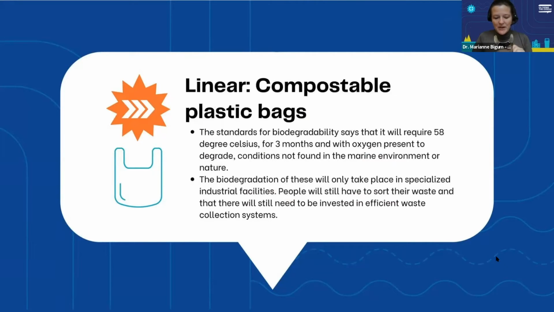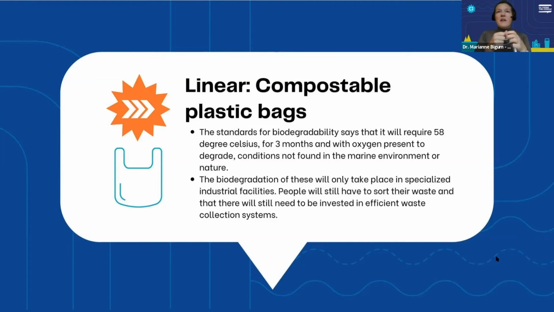You might think compostable bags design out pollution, but there's an international standard for biodegradability that requires the plastic to be decomposed in industrial composting facilities. That requires 58 degrees Celsius, 3 months, and oxygen present to degrade. These conditions are not found in the marine environment or in nature. So making something compostable does not mean that it will disappear in nature.